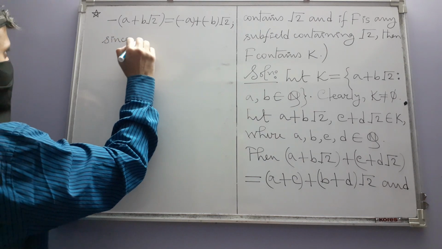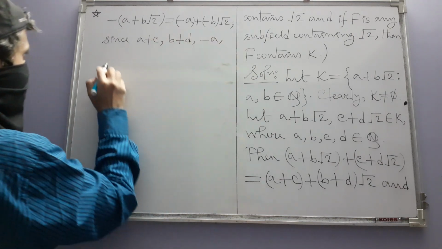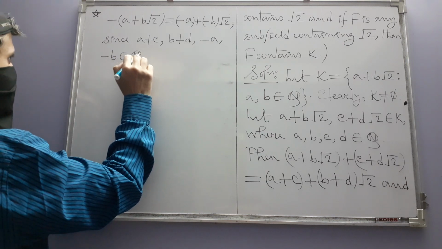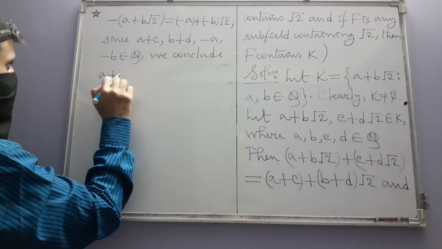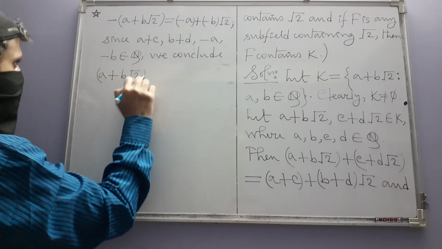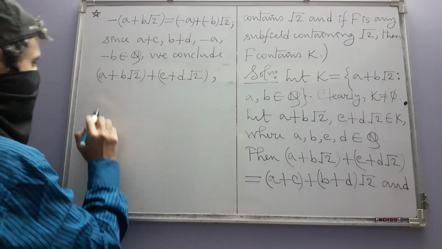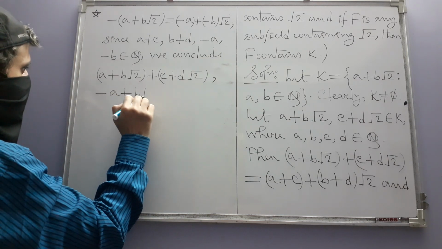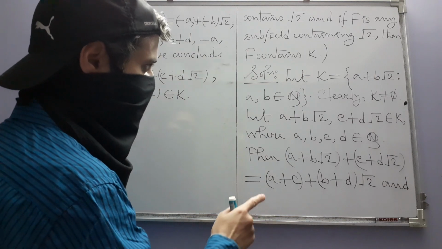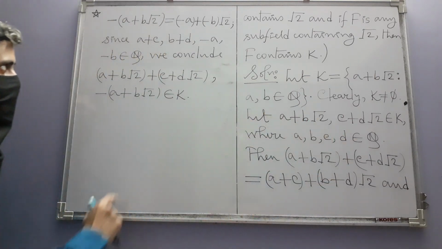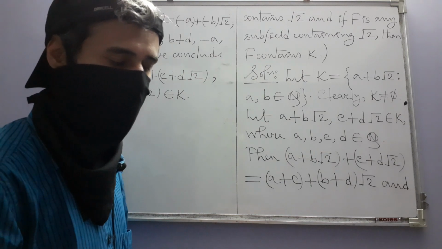Now since a plus c, b plus d, minus a and minus b, these are all rational numbers, so we conclude that the sum of these two is in K, and that the negative of any of them is also in K. Note that this fact that if a, b, c and d are rational numbers, then so are these, follows from the corresponding properties of the system of rational numbers, because it's also a field.